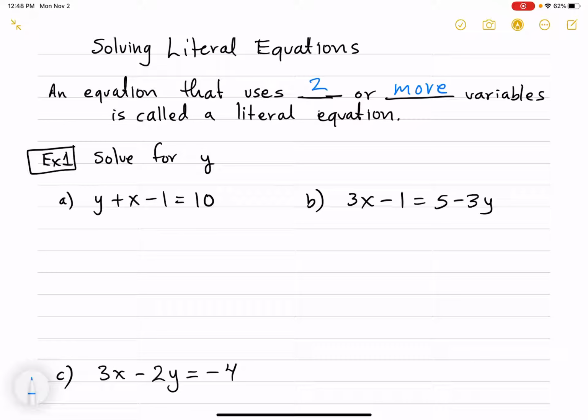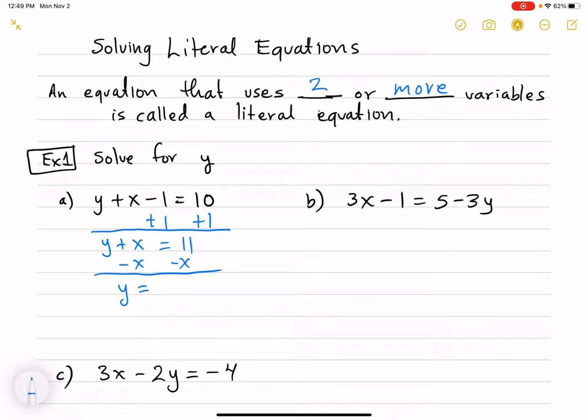In the first three examples, we're going to solve for y. So solving for y means to leave the y by itself. In example 1a, we have to start by adding 1 to both sides. So we get 11. And then since we are trying to leave the y by itself, we continue by subtracting x from both sides.